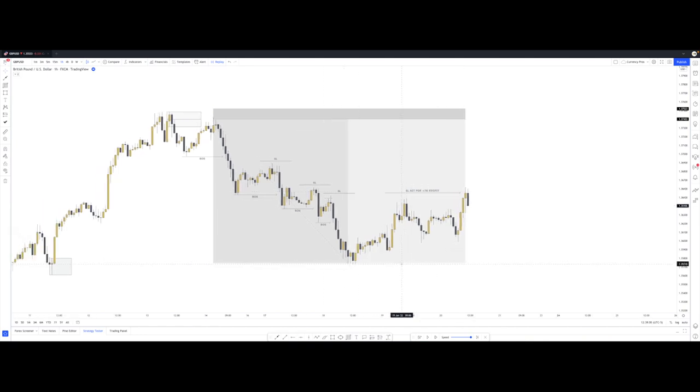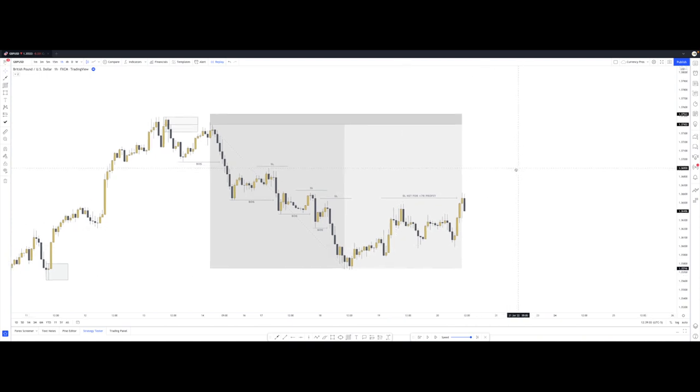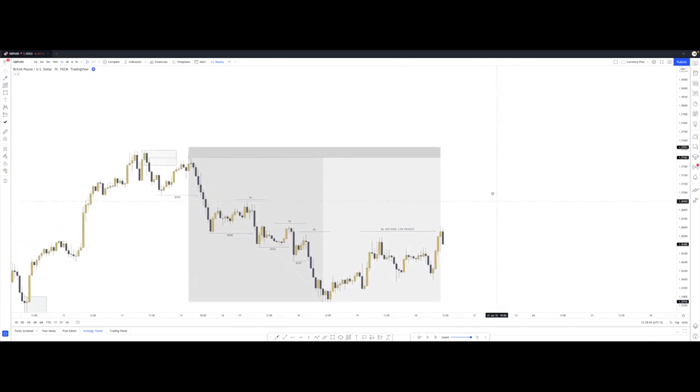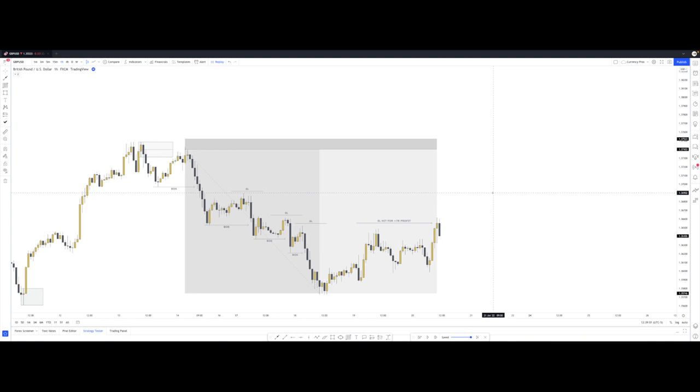So this is just the example I wanted to go over with you guys to help you understand how to trail your stop loss and why it's more profitable than taking partial profits. Another thing I'd like to mention too is that it's much easier for journaling because you get what you get.